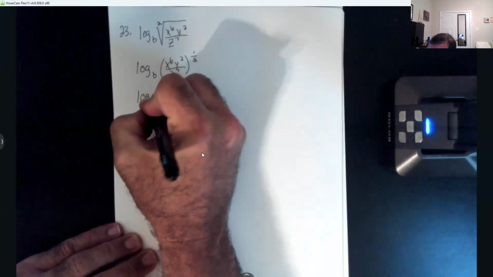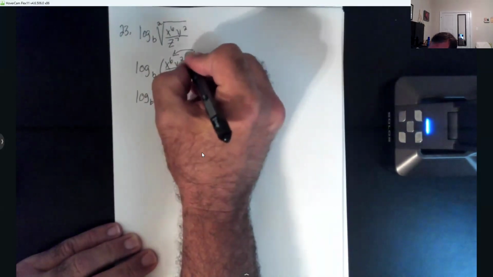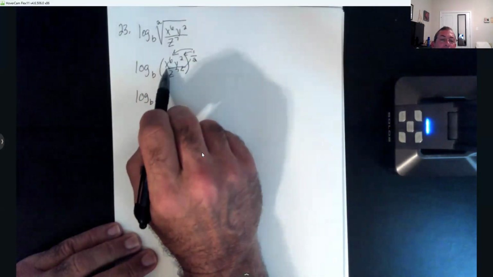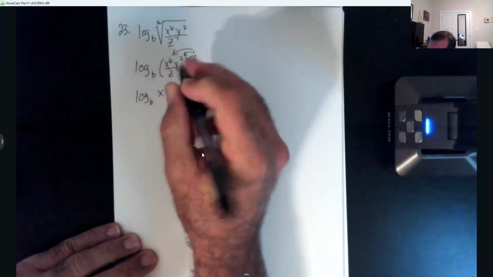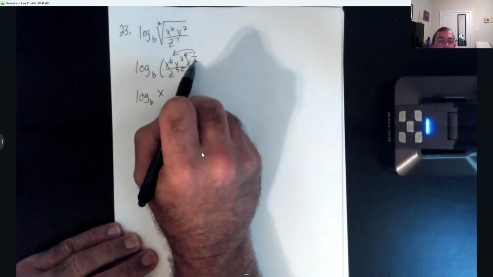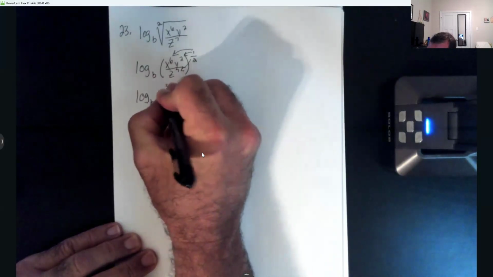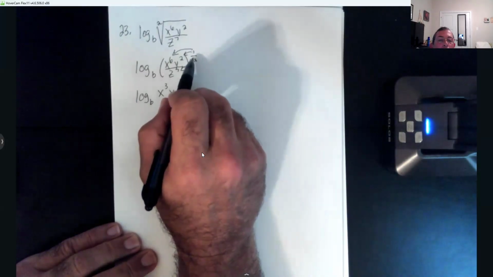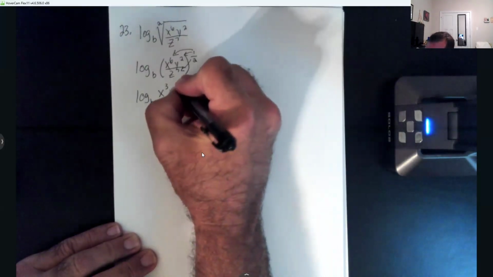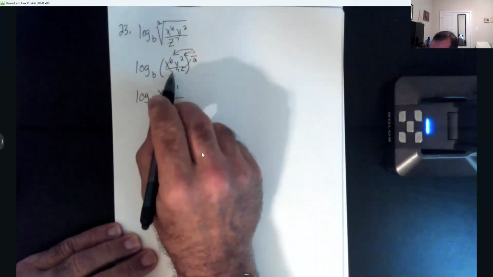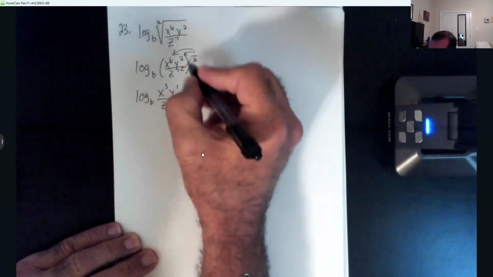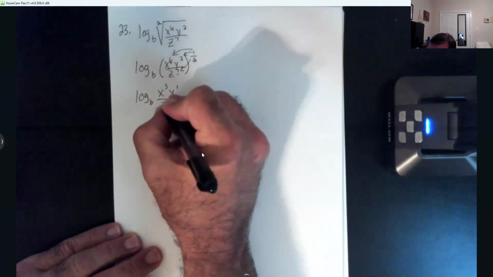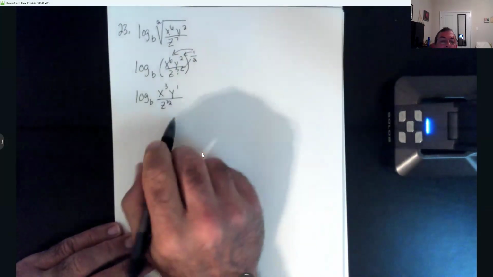So your next step was to distribute the 1/2 times all the exponents on the inside. So for the x, 6 times 1/2 is 3. For the y, 2 times 1/2. Well, y'all, half of 2 is 1. And then on the bottom, I got my z. 7 times 1/2. I can't reduce. So that's going to be 7/2.